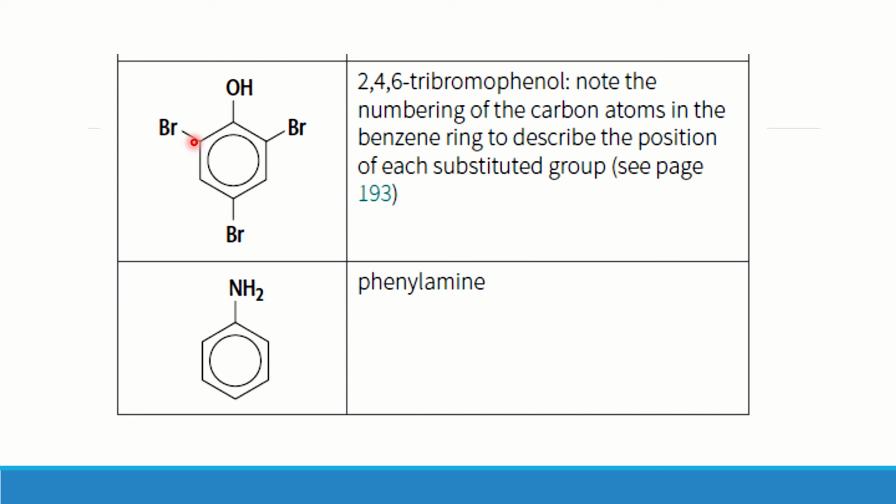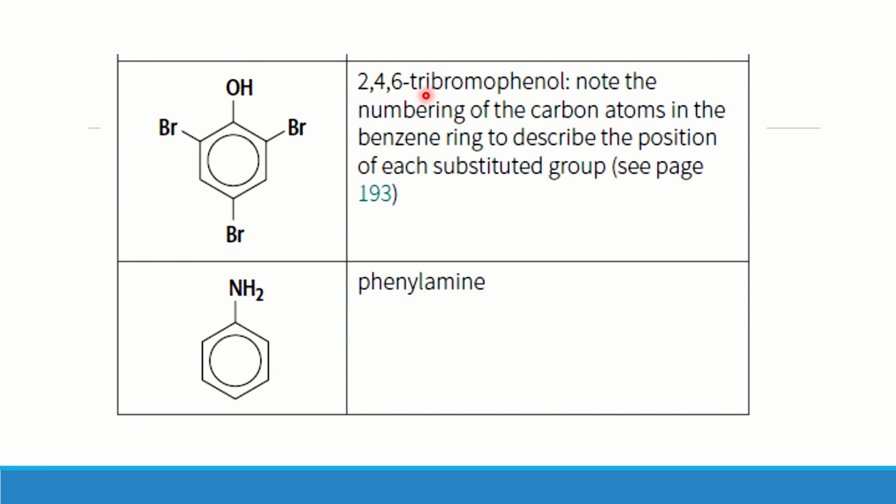Now, some of you might ask, teacher, can I go anti-clockwise? Yes, as long as you can give the lowest numbering. But if I count anti-clockwise, it's still 1, 2, 3, 4, 5, and 6, so it's still on the 2, 4, and 6 positions. So how to name this? It will be 2,4,6, dash, tri means there are three bromine.